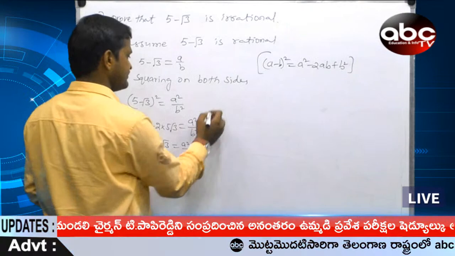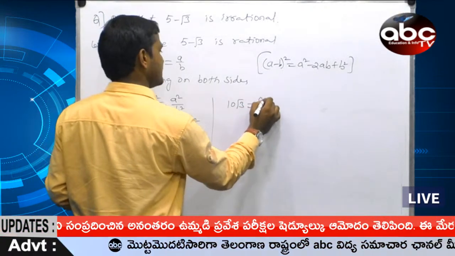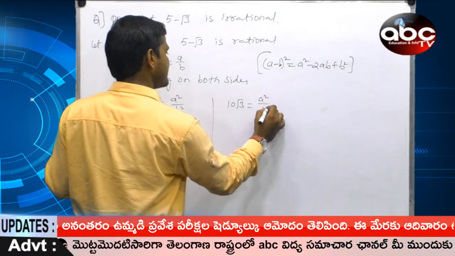Observe here, 10 root 3 is equal to a square by b square.